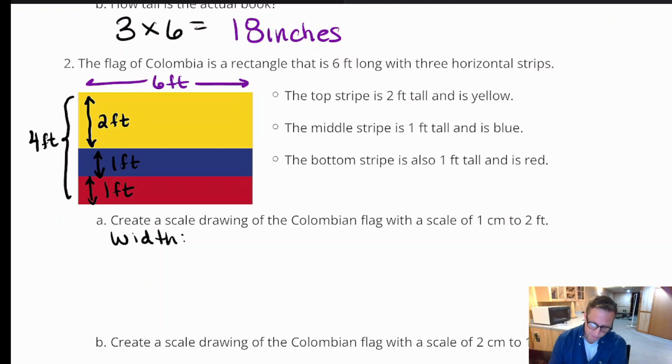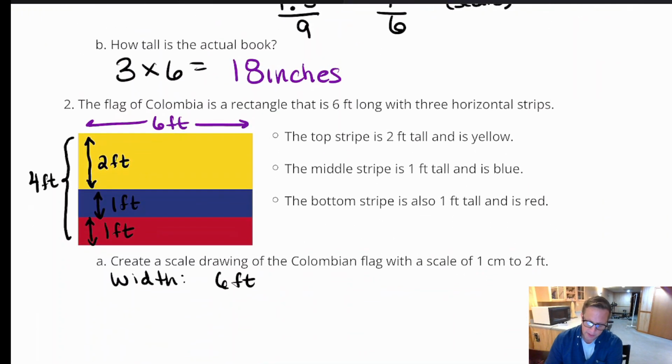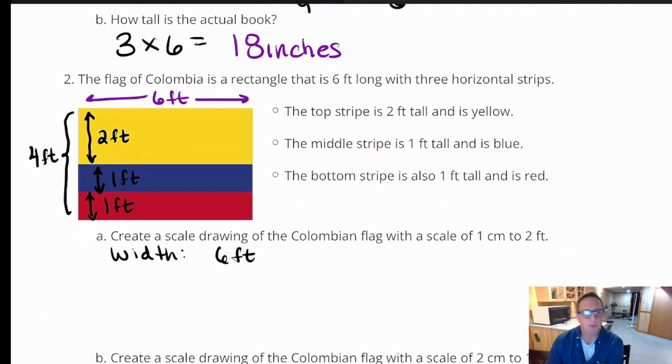The actual width is 6 feet, and 1 centimeter is going to equal 2 feet. So if we divide that by 2, we're going to get 3. So I want to make the drawing 3 centimeters. That's the drawing value right there.